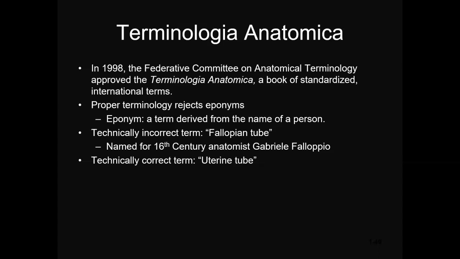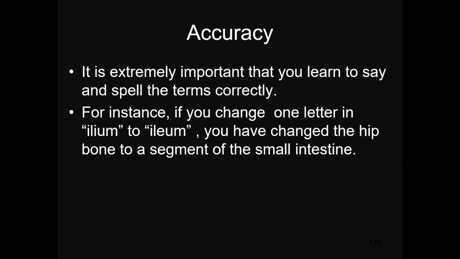And we've kind of gone with a system now. So the words are standardized. Sometimes they're hard to spell, but we'll get there. It is important that you learn to say the words right and spell the words right. Sometimes they're very close, like ilium and ileum. One of those is the hip bone, and the other one is a segment of the small intestine.